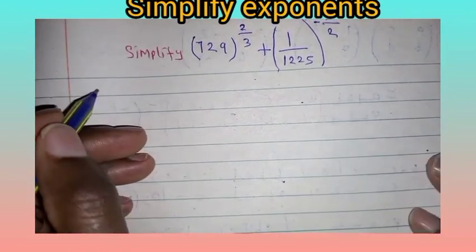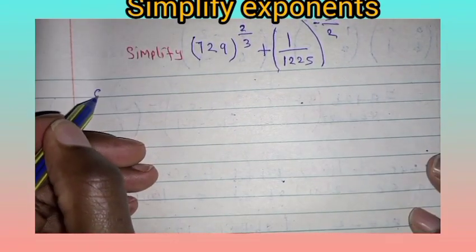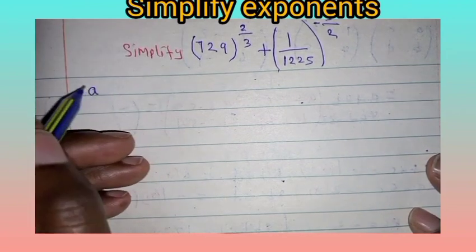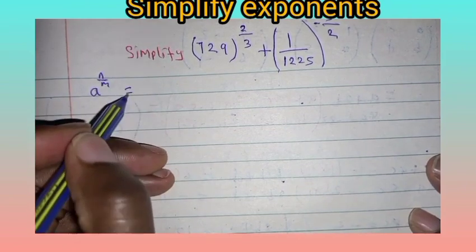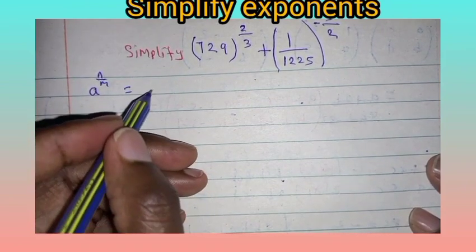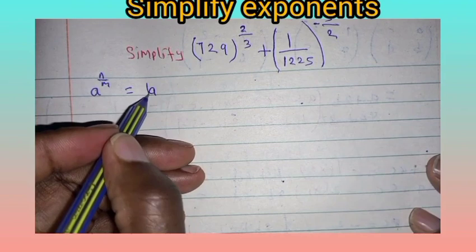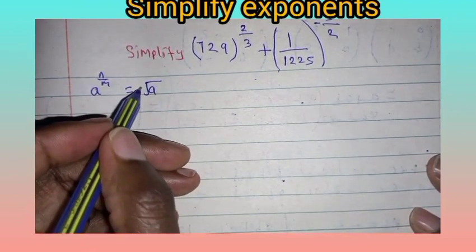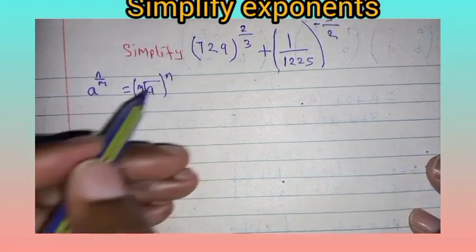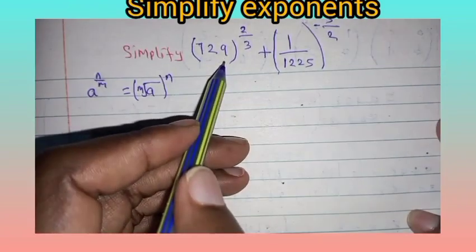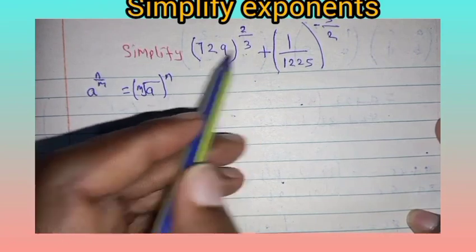We are going to make use of this identity, which tells us that if you have a power n over m, the meaning of this is that first of all, you get the m-th root of a, then you move n. So first of all, for this part, we are going to get the cube root of this number.